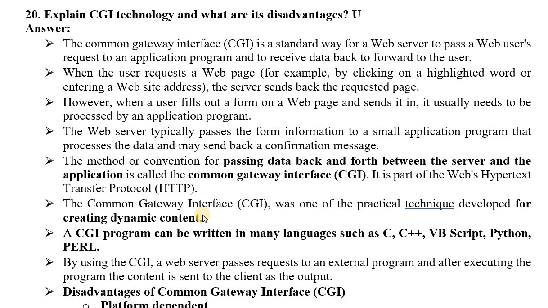So when you have an application program and you need to pass data back and forth, Common Gateway Interface is necessary, and it is a part of the HTTP protocol. Common Gateway Interface was basically developed so that you could work with dynamic content.